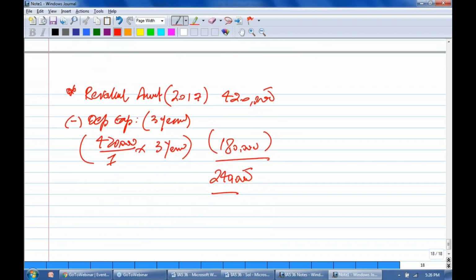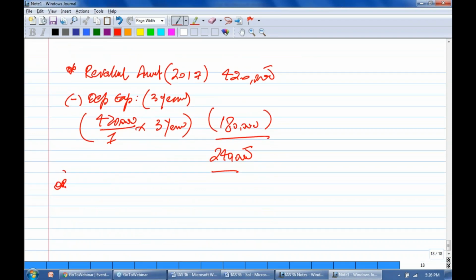Another important point: if we start the working from the beginning, on the basis of cost, the machine value, we purchase the machine at 1st January 2015.